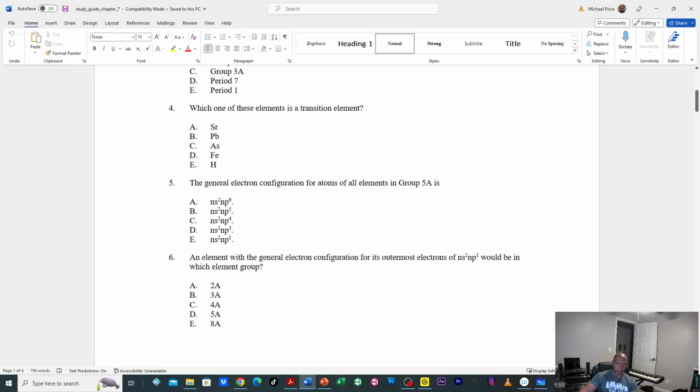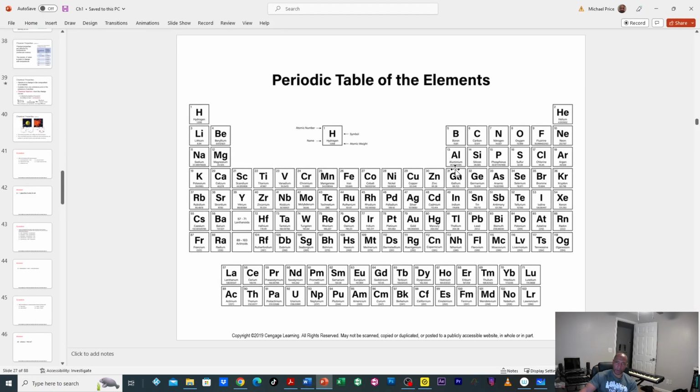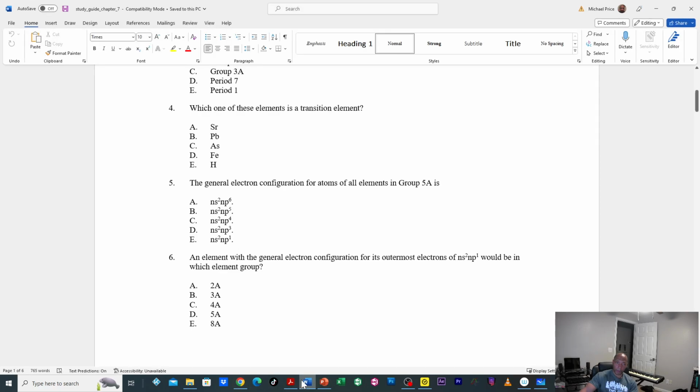Boron would be 2p1, 2p2 would be carbon, and 2p3 would be nitrogen. So all of these would be something s2 and then something p3. So two s's and three p's. I'm going to find out what that corresponds to. So ns2, np3 would correspond to D, wouldn't it? So the answer there would be D.